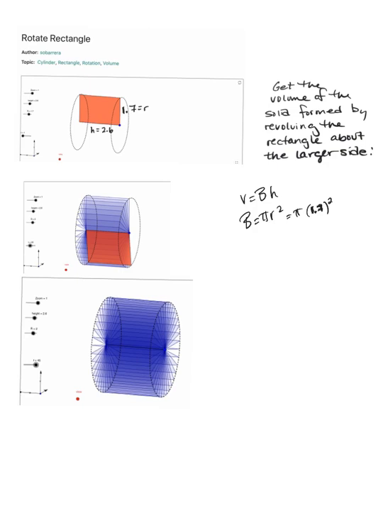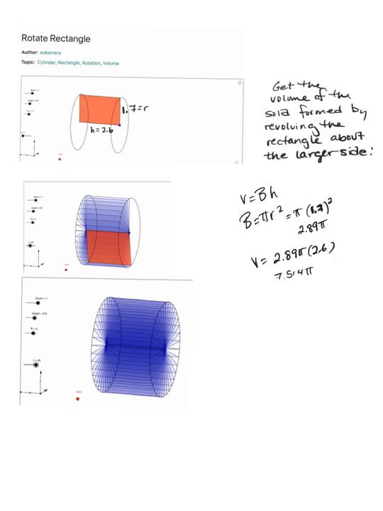Let's see. 1.7 times 1.7. It's 2.89, right. 2.89 pi. Okay, so now my volume is the base area, 2.89 pi, times the height, 2.6. If I'm going to leave it in terms of pi, I'm just going to type into my calculator 2.89 times 2.6.